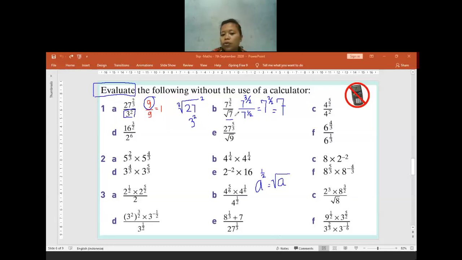Or if you still do not believe, if there is no power on 7, there is a hidden power which is power 1. Square root means there is a number 2 that is optional for us to write. So now we can write the power and the root as a fraction. The power will be at the numerator, the root will be at the denominator. That's why we have 7 to the power of a half.